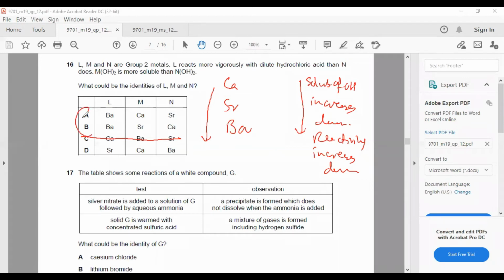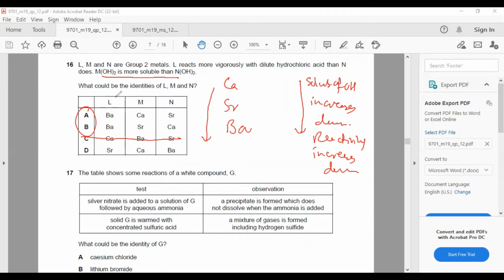Hydroxide of M is more soluble than N. Hydroxide solubility increases down the group.